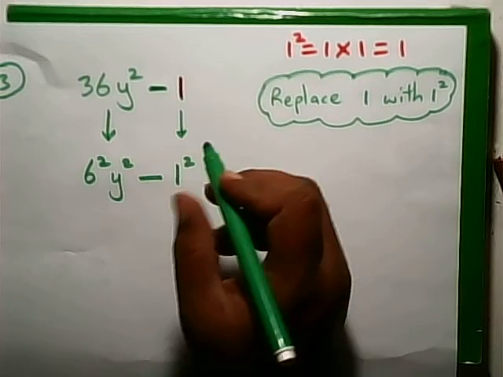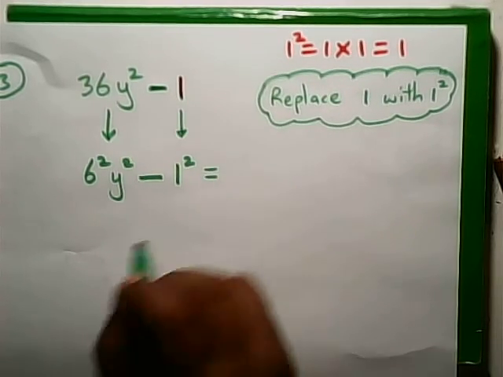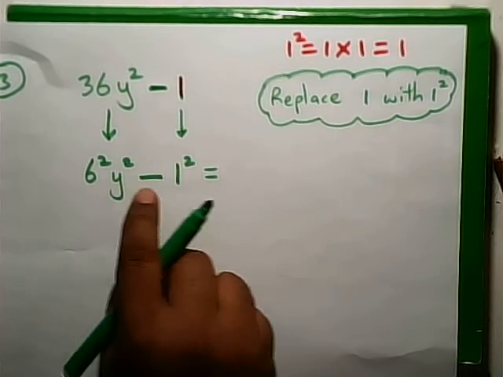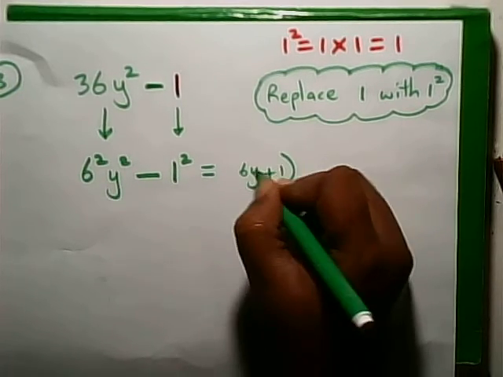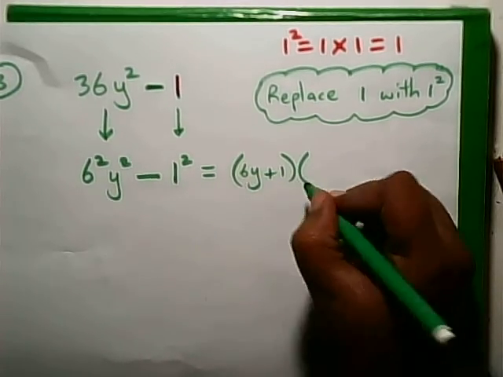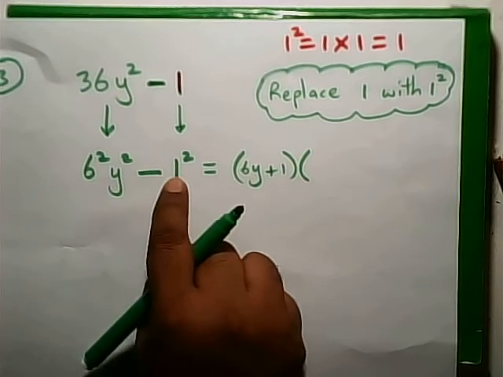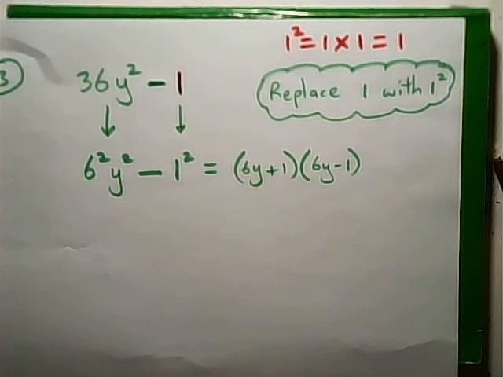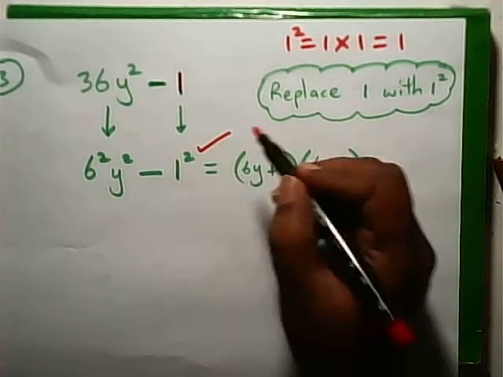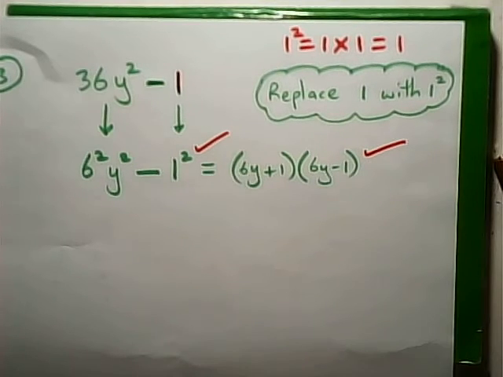Once you do that, then you can use the formula. 6y add 1 in brackets. Then 6y take away 1 in brackets. And you're done. That's it. You get a mark for this step and a mark for that step.